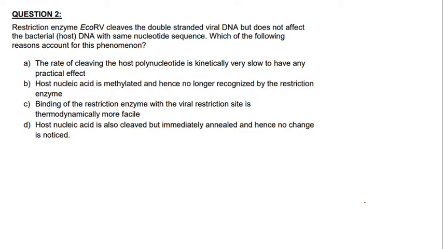Option B, host nucleic acid is methylated and hence no longer recognized by the restriction enzyme. Option C, binding of the restriction enzyme with the viral restriction site is thermodynamically more facile. Option D, host nucleic acid is also cleaved but immediately annealed and hence no change is noticed.